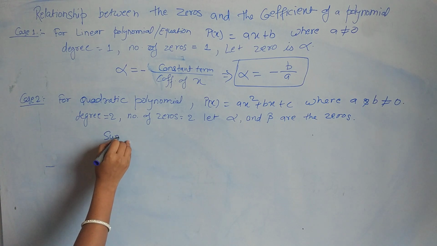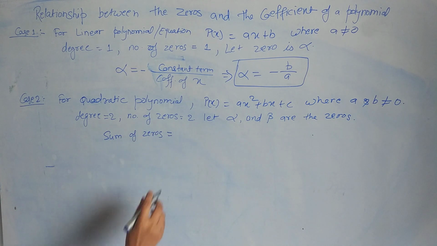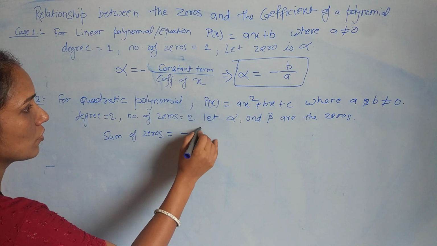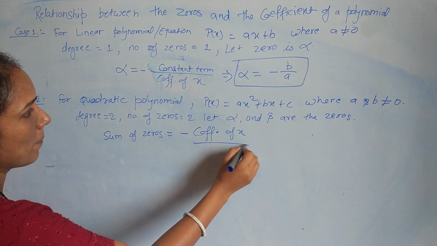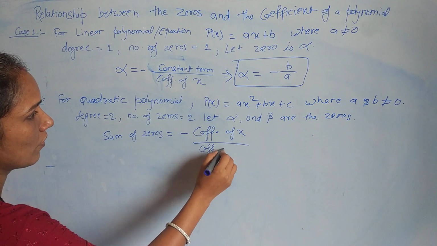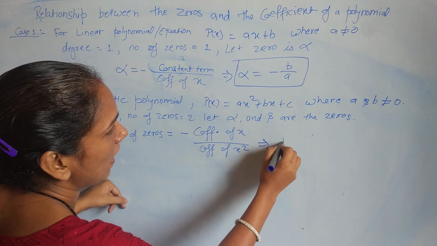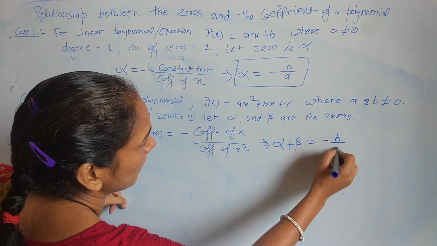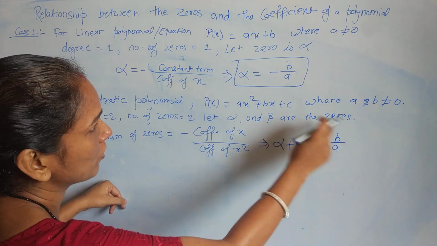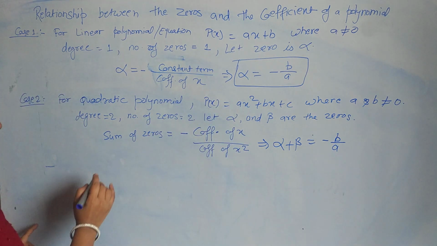Sum of zeros is equal to minus coefficient of x by coefficient of x square, or alpha plus beta equal to minus b by a. Coefficient of x is b and coefficient of x square is a.